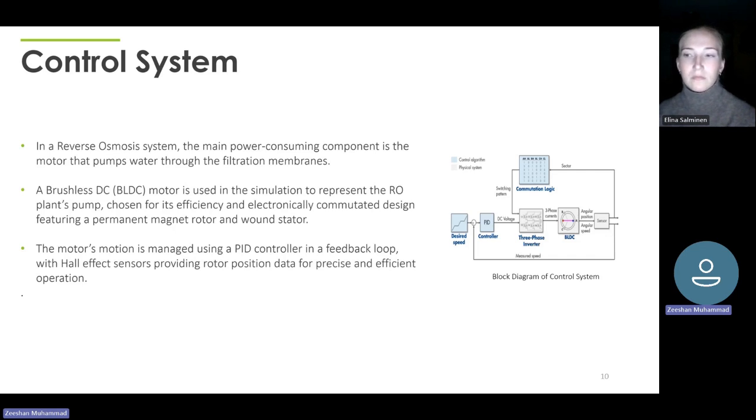In order to simulate that motor, we have selected a brushless DC motor to represent the pump, and it's preferred in industries because of its efficiency and its electronically commutated design. The motor's motion is controlled by sensors, providing rotor position data for precise and efficient operation.